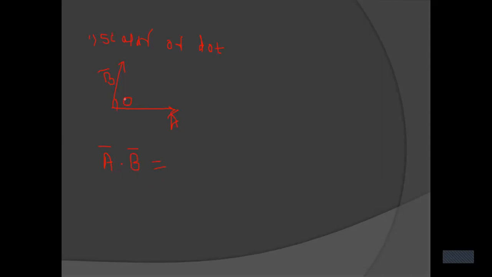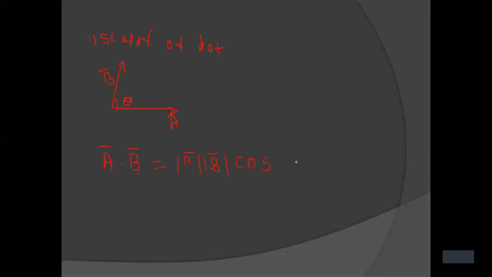If I consider theta as the angle between the two vectors A bar and B bar, then this dot product can be defined as the product of the magnitude of vector A bar, the magnitude of vector B bar, that is mod of B bar, and the cosine of the angle between these two vectors.